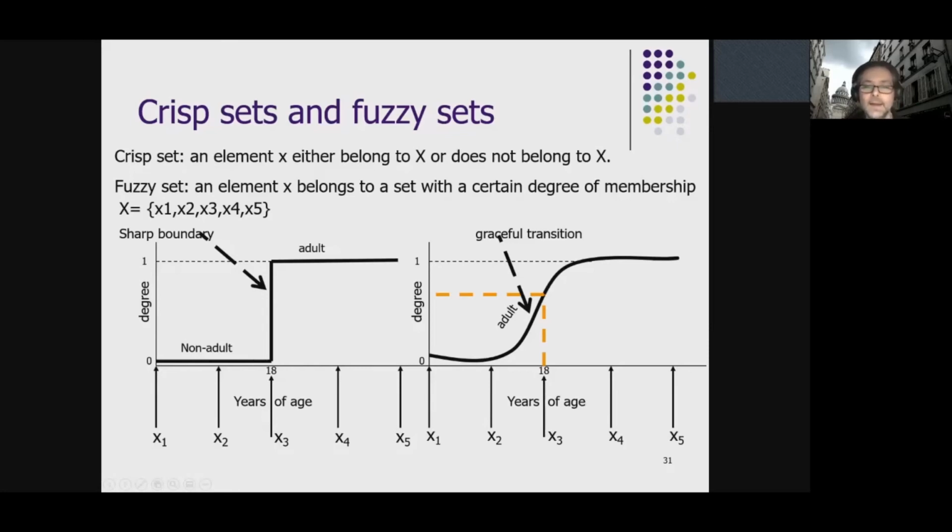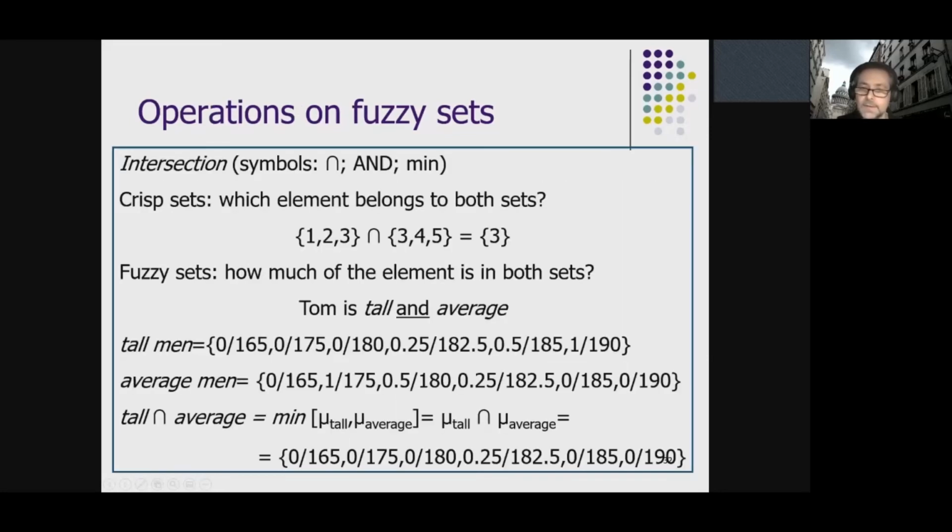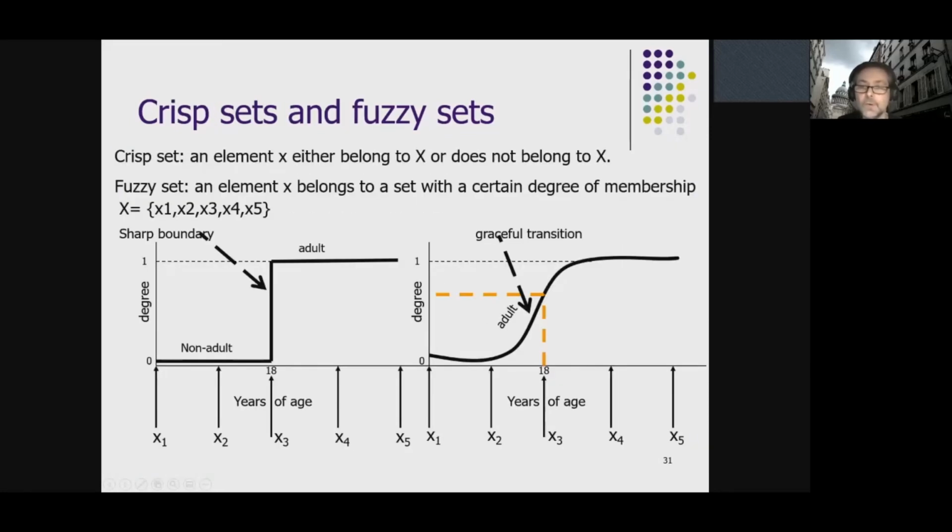If we want to represent this concept with fuzzy sets, then you see that the situation is slightly different. We have degrees of membership. It's not a crisp boundary. There is this linear part, the so-called graceful transition range, where numbers go between 0 and 1.